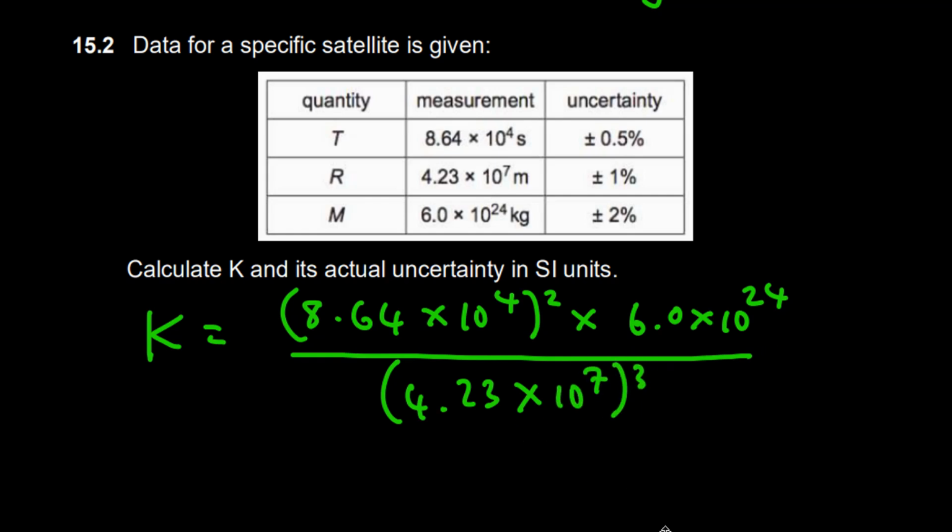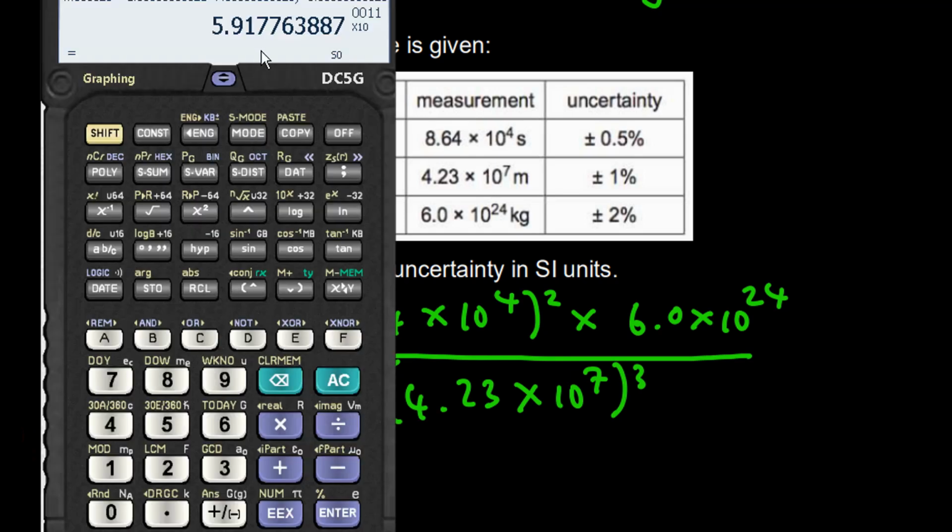Now, we can do this on a calculator, and I've already done so. And this is what we get, 5.917, etc. times 10 to the power of 11.